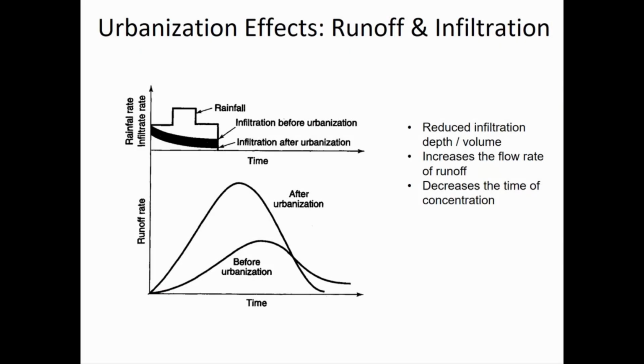Remember that urbanization has the effect of making the peak higher and come sooner than it would have in the natural state of the land. The reason for that difference is that by adding impermeable surfaces inside of the watershed, we're speeding up the flow of the water over the surface of the land.